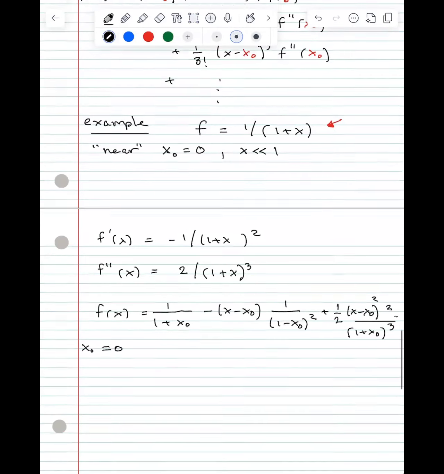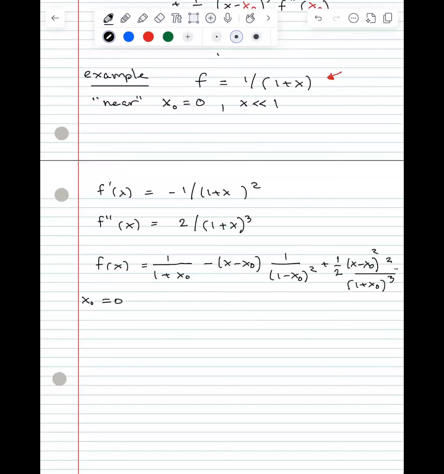In our case, we made x0 equal to 0, so that f of x is equal to 1 over 1 plus 0, or 1, minus x times 1, plus x squared times 1.